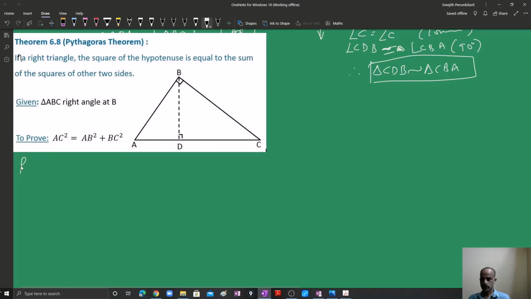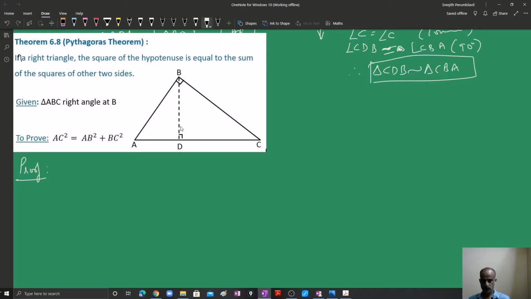Proof part. This thing is very simple. If you learn the Pythagoras theorem proof in this way, learning is enough. One time you need to write it. First, we need to bring AB square. Think about AB. Is it possible that AB can be a side of two different triangles?